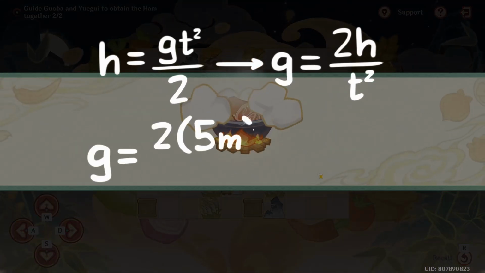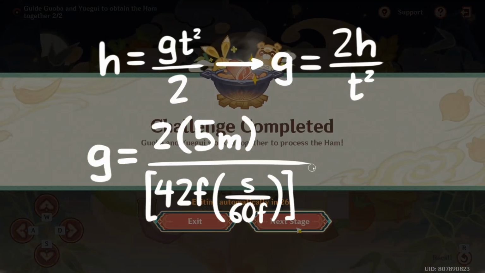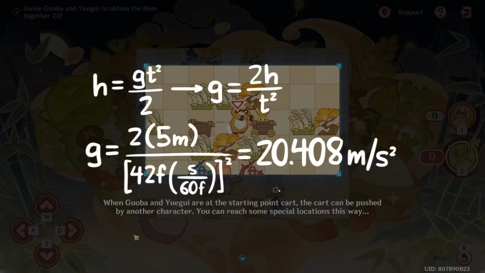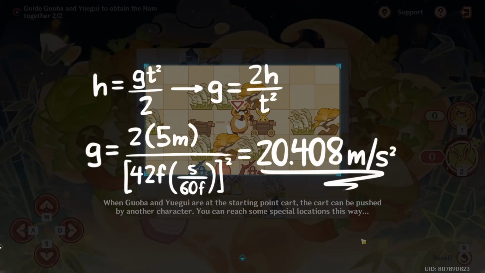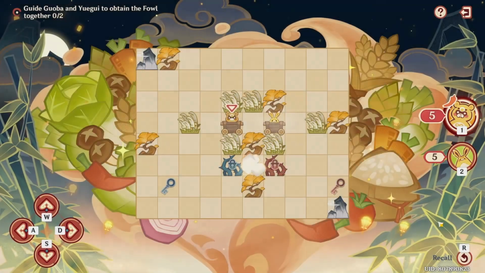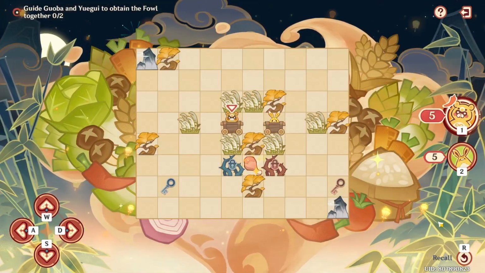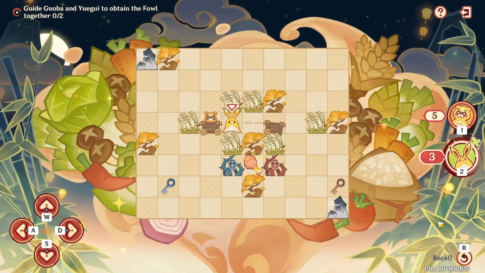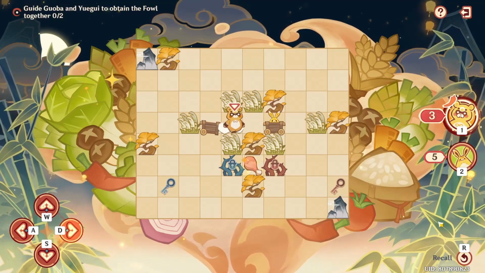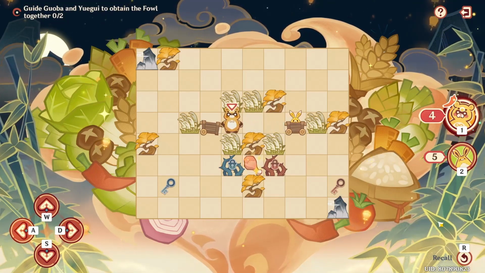If I calculate the gravitational acceleration based on this value, I get that g is equal to 20.408 meters per second squared. This value is very close to g hat. So I personally now believe that the most likely value for the gravitational acceleration of Teyvat is 20.4 meters per second squared.